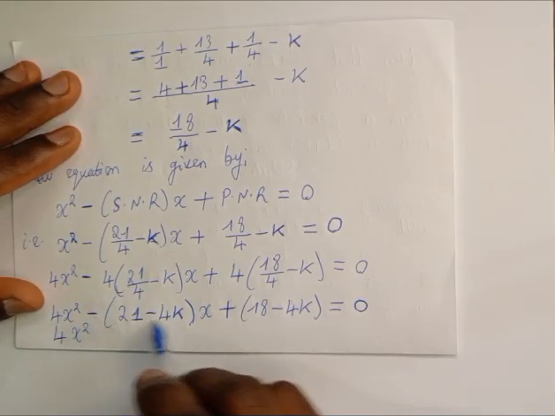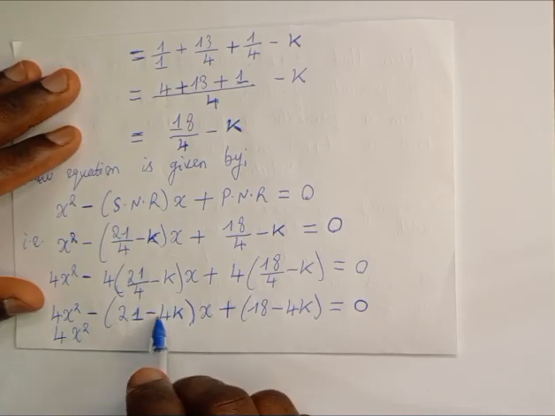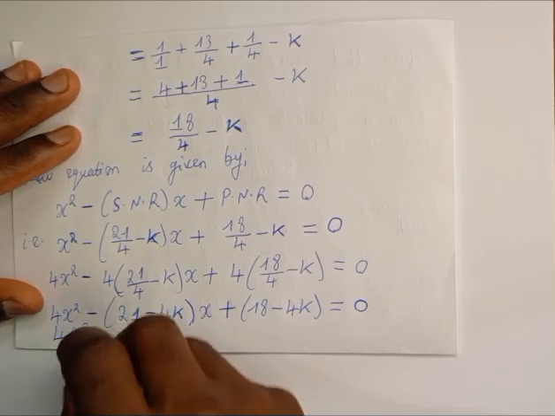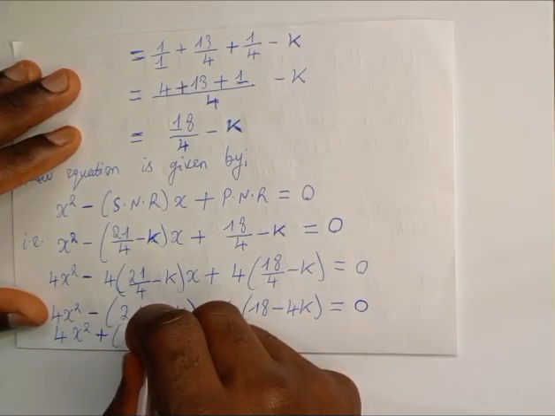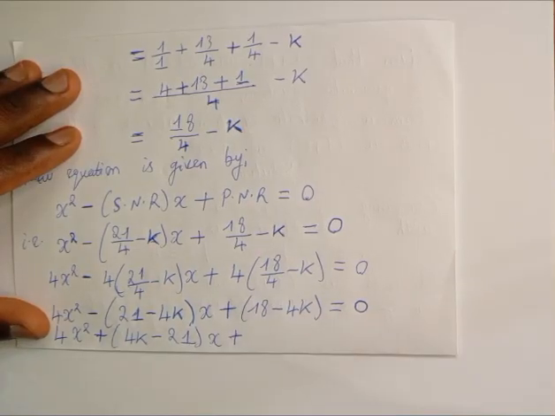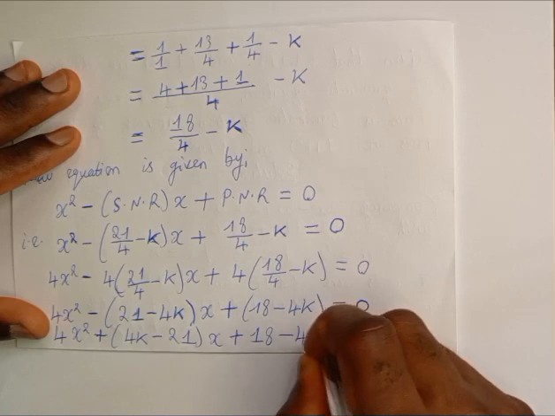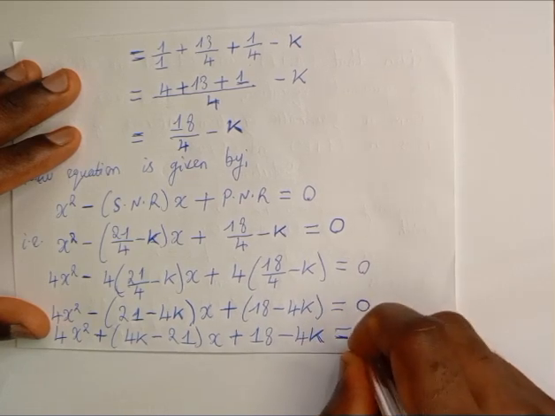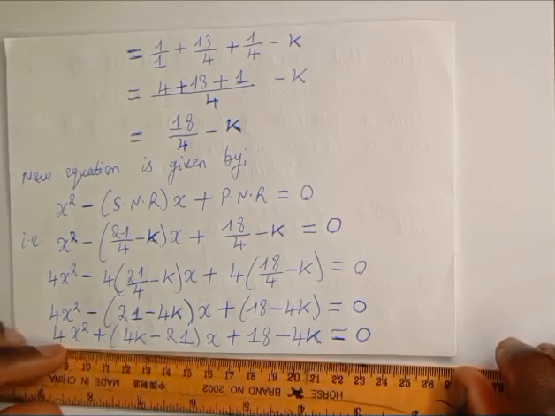We can multiply all through by negative 1. This will give us negative 21. This will give us plus 4k. So we can write this as plus 4k minus 21 times x plus 18 minus 4k is equal to 0. This is the equation with roots 1 plus p squared and 1 plus q squared.